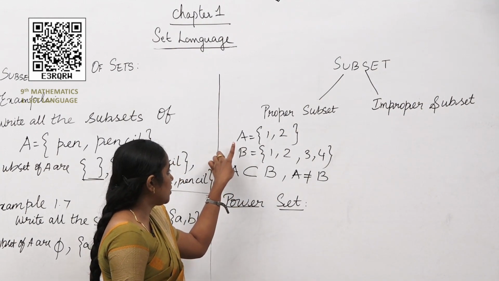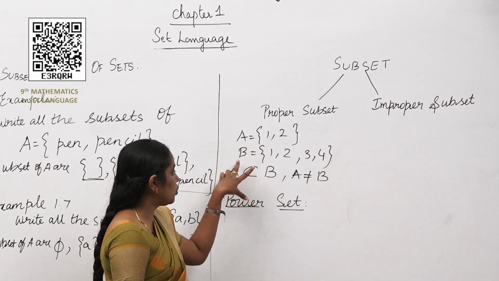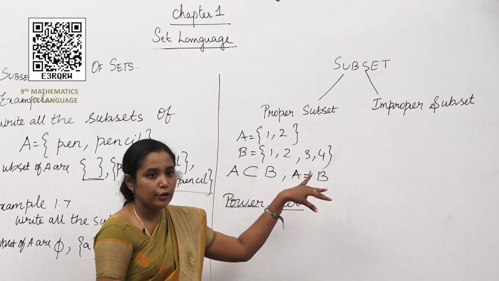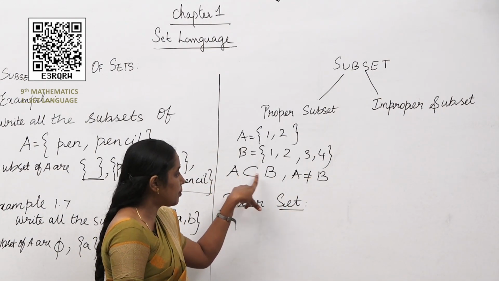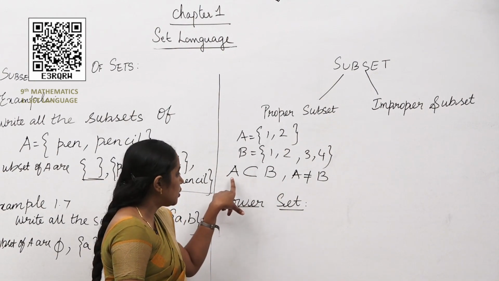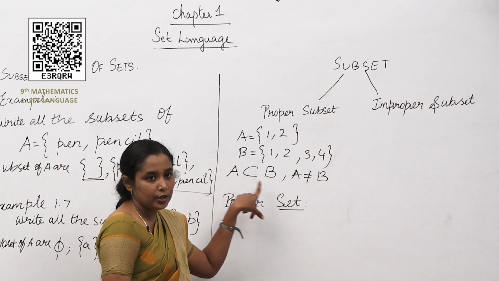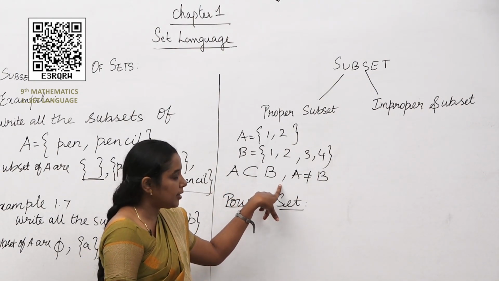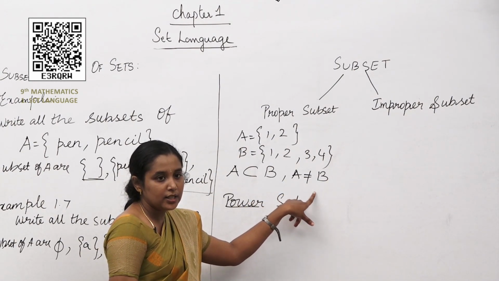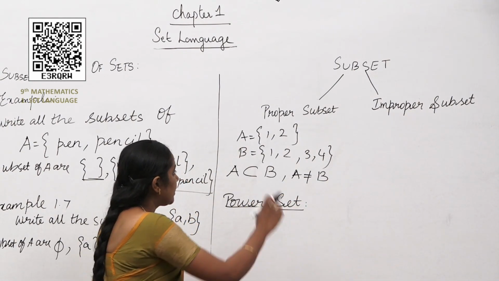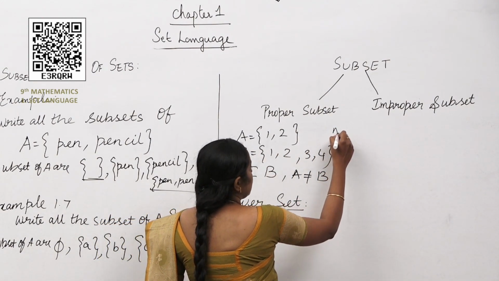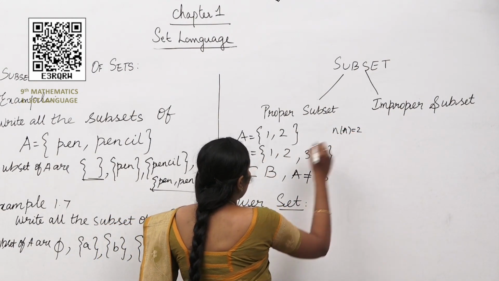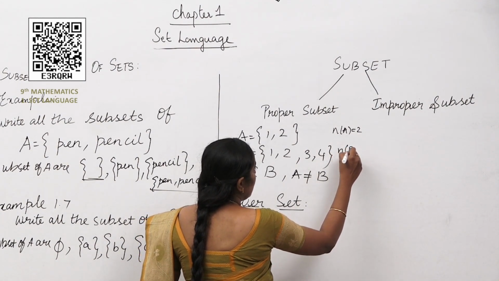So in proper subset, what you have: A is equal to {1, 2}, B is equal to {1, 2, 3, 4}. That is A is the proper subset of B, that is A is contained in B. What is the condition? A is not equal to B. Here what is n(A)? n(A) is equal to 2 and n(B) is equal to 4.